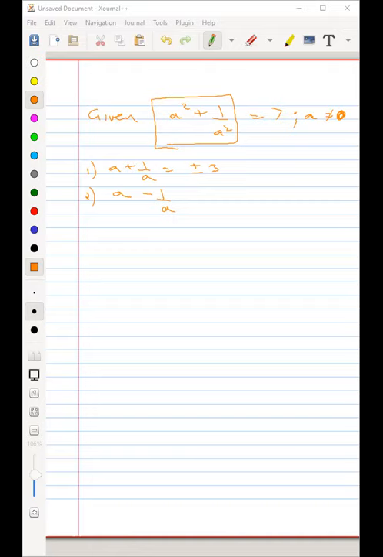Ananya, I want you to solve this correctly and send me the answer. Samita, Sarah, hurry up. Ishan. Suramya, hurry up. A minus 1 upon a. Come on, it's not that difficult.